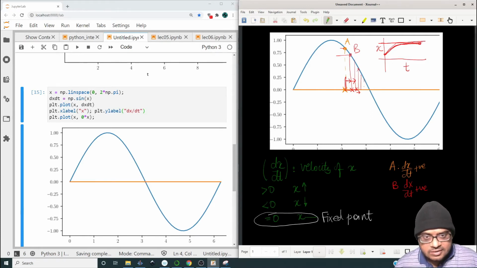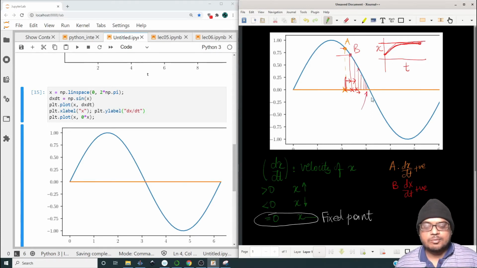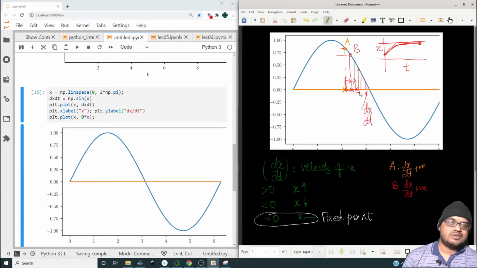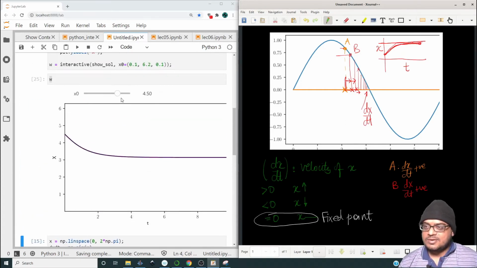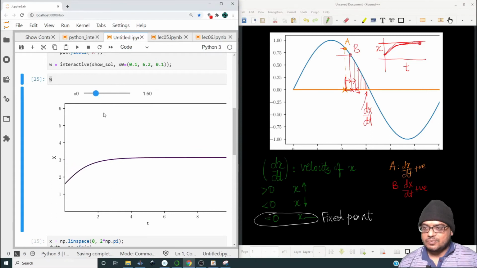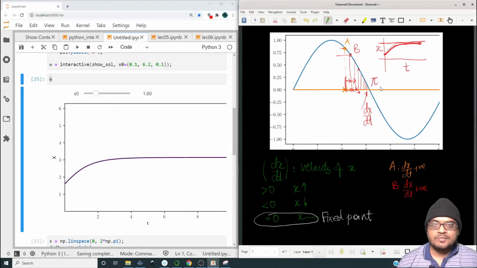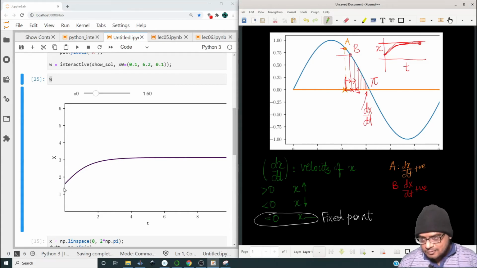When it reaches more and more towards this point where dx/dt equals 0, the velocity is reducing continuously. That is why that asymptote behavior is there. It is trying to reach the value of pi, but it will reach it after infinite time. That is why the asymptote happens, because velocity over here is large, over here is less.